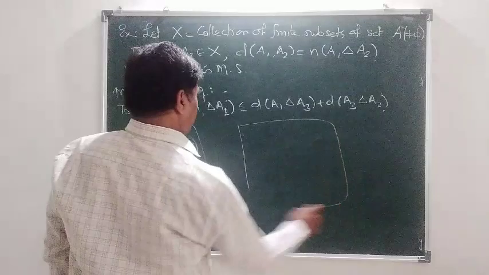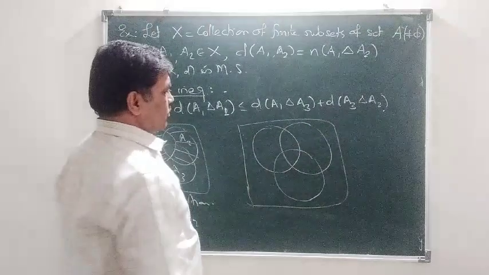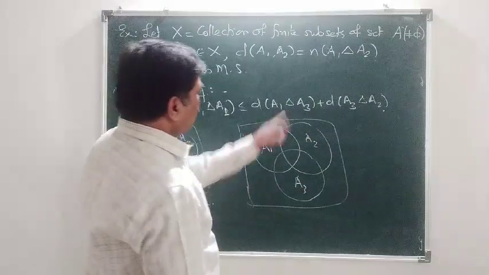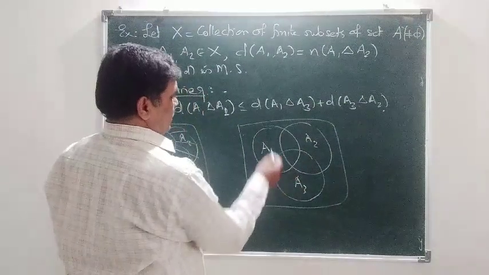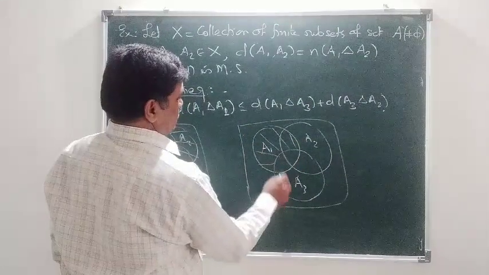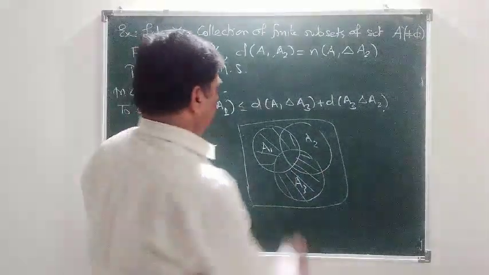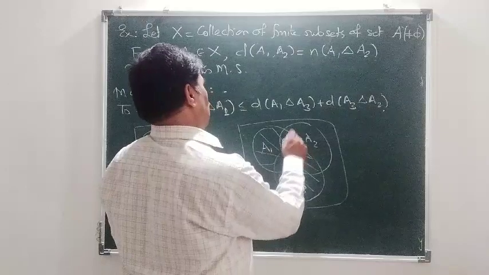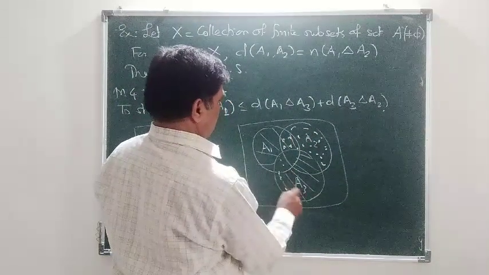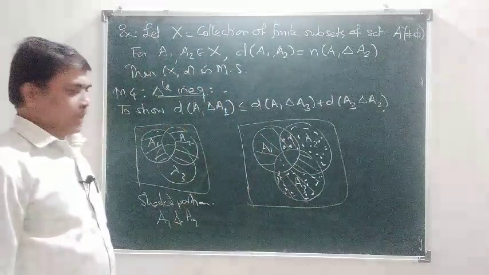Now A1 symmetric difference A3 and A3 symmetric difference A2, so it will become this one, so the union of shaded portions.